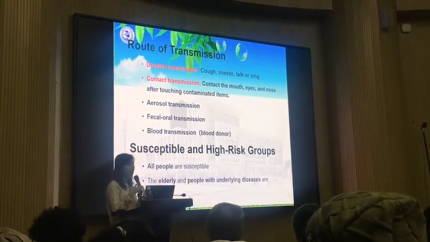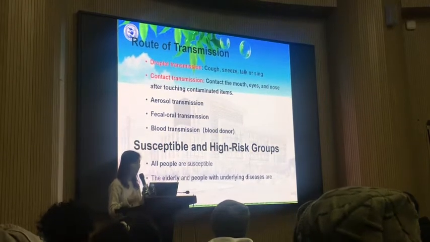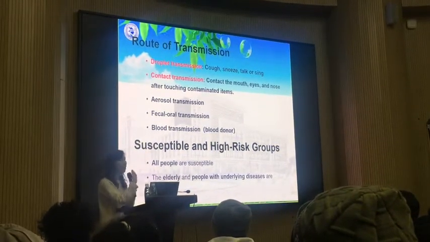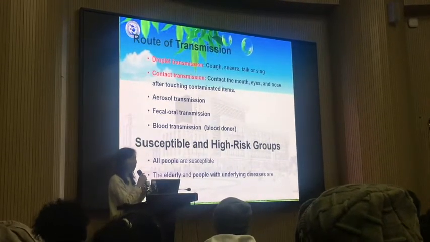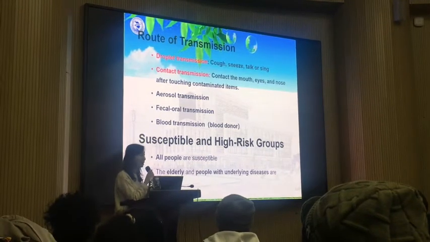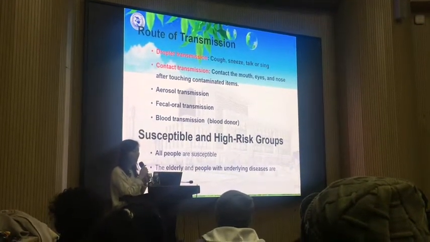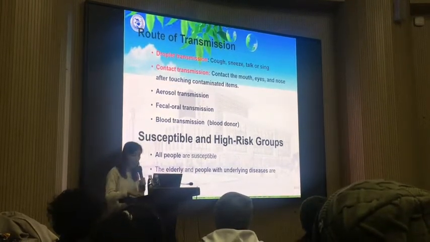Besides this, there is aerosol transmission, fecal-oral transmission, blood transmission, and so on. There are a lot of routes of transmission. All people are susceptible, and we also found that the elderly and the people with underlying disease are at high risk.